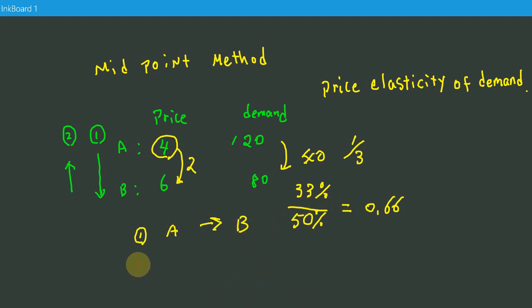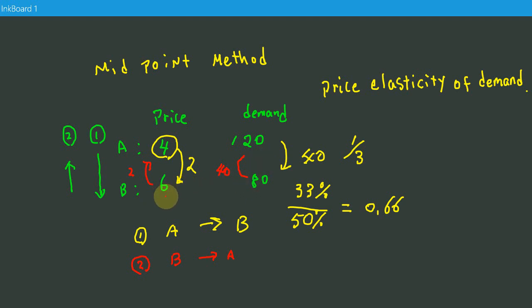What about the other case? Number 2 is from B to A. This time the same rate of change, the price change is $2.